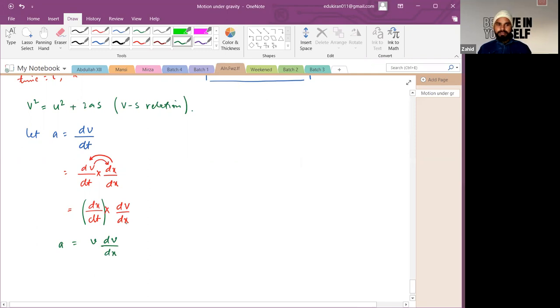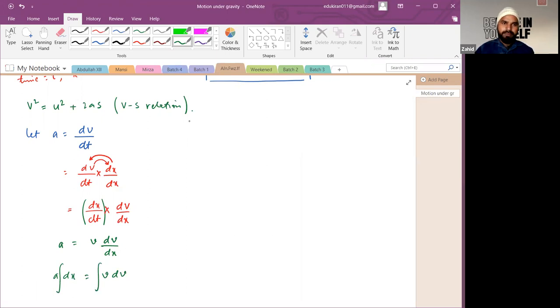That's why we are using acceleration is equals to v dv by dx when velocity is x dependent function. Now to integrate this term, move dx to the other side, you will get a times dx integration is equals to v times dv integration.